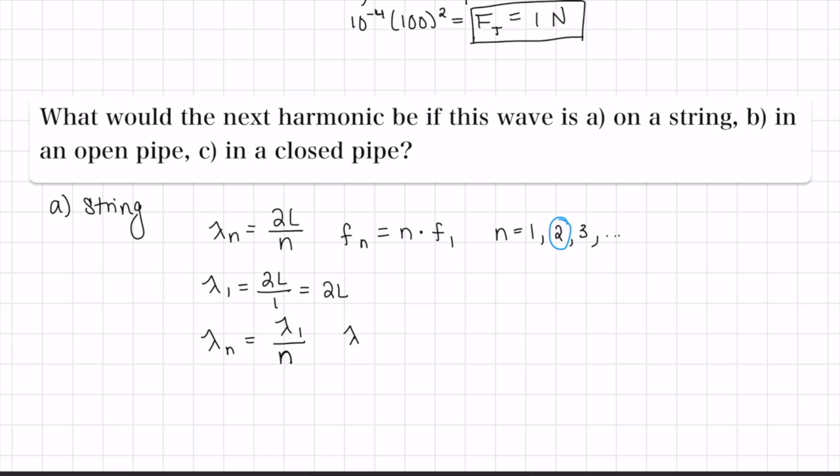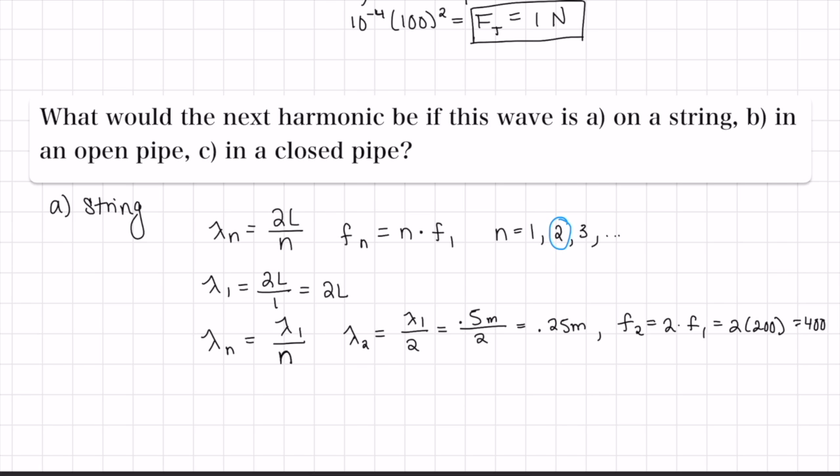We're going to solve for lambda 2 equals lambda 1 over 2, where lambda 1 is 0.5. And F2 is 2 times F1, which is 2 times 200 is 400.